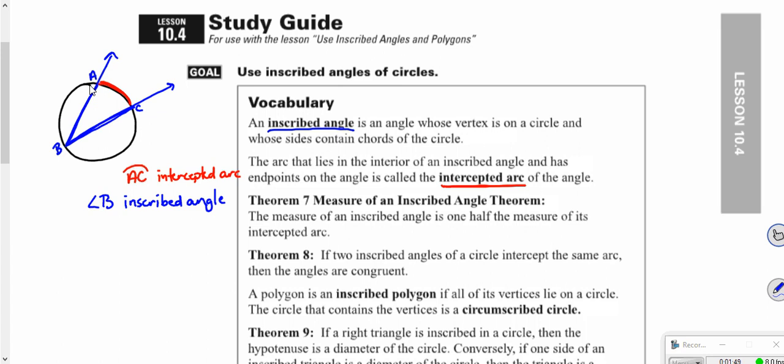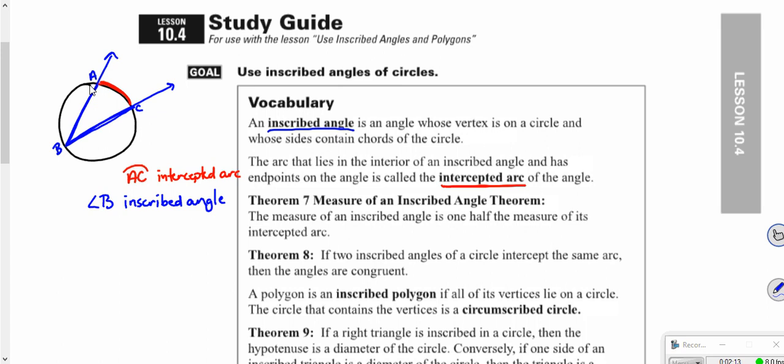Now, theorem 7: the measure of an inscribed angle is 1/2 the measure of its intercepted arc. Let me back up a little bit. We learned back in, I think it was 10.2, that an arc has the same measure as its central angle. A central angle comes from the center, okay?